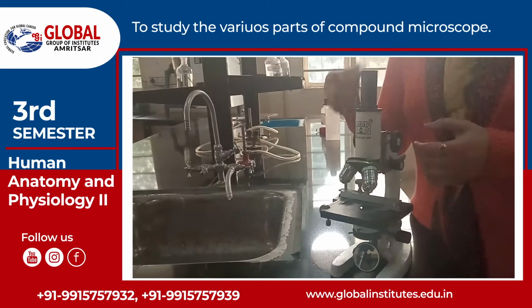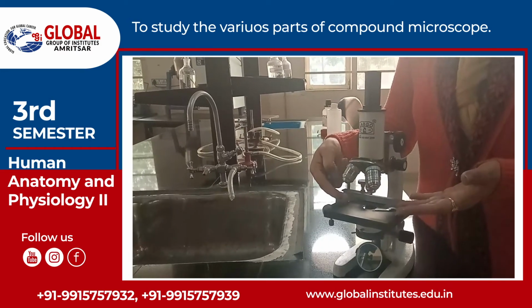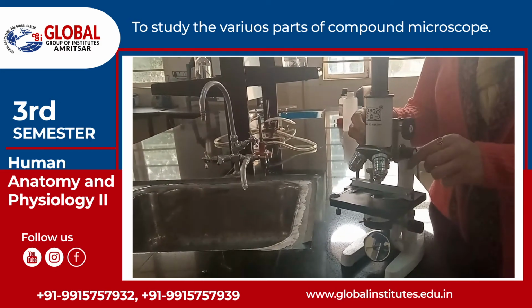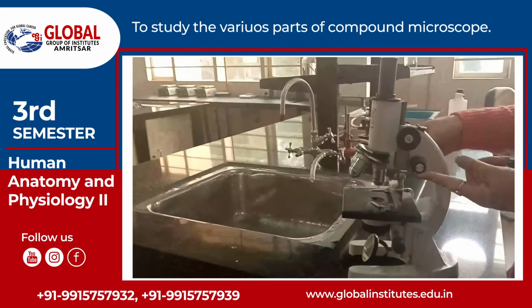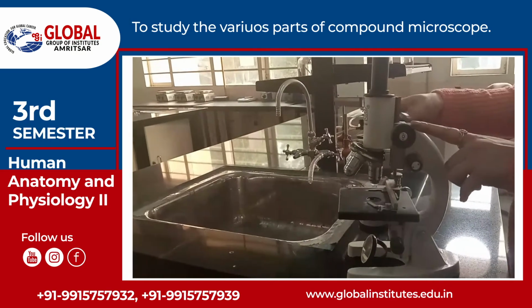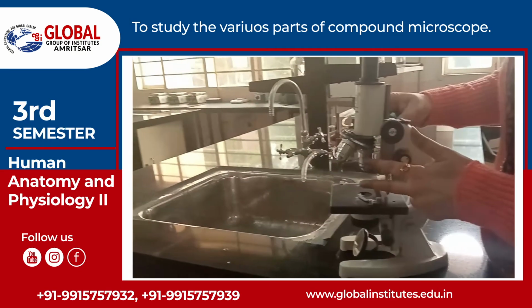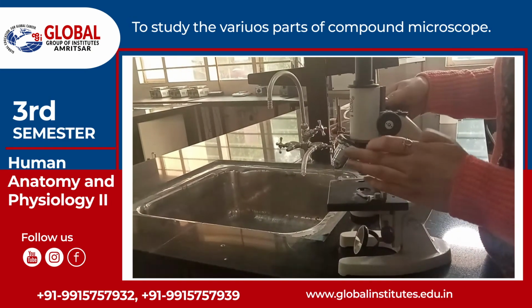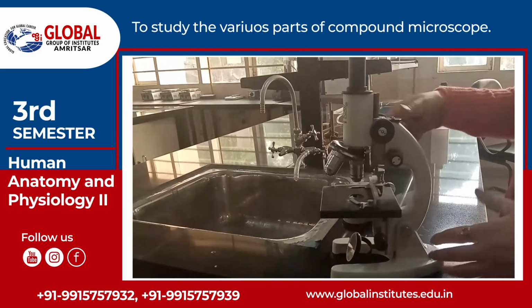So from here, with the help of the eye, we can visualize the specimen that is under study, and to make its image clearer, we use these two knobs. Here it is the fine adjustment knob and this is the coarse adjustment knob. With the help of these, we can increase or decrease the distance between the object and the objective lenses to get a clearer view.